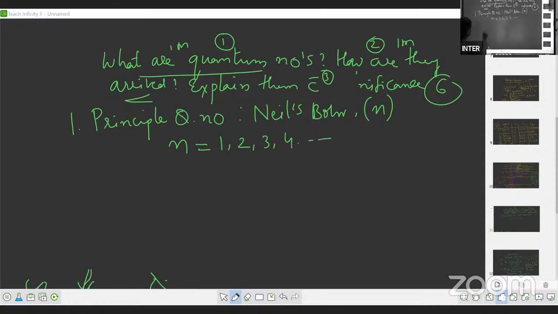Now, what do you come to know about this quantum number?